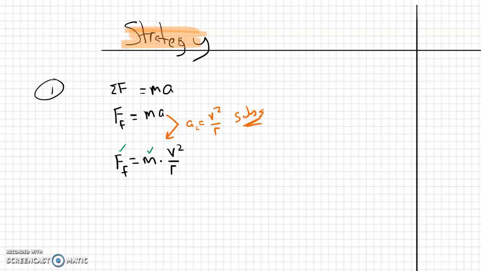I know that I have the mass. I believe I have the radius, and this right here is the goal. This is what I'm actually trying to find. So now it's just a matter of solving for the v. I'm going to do that behind the scenes and come back when I have that done.